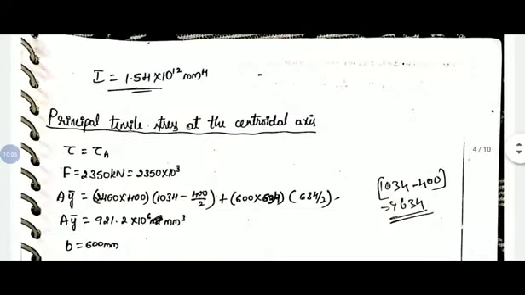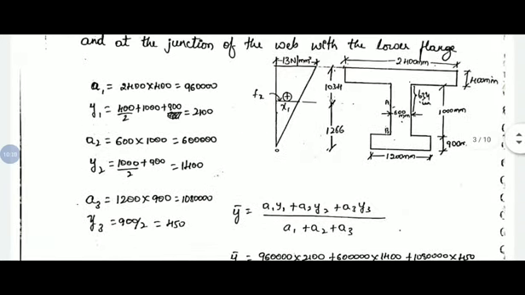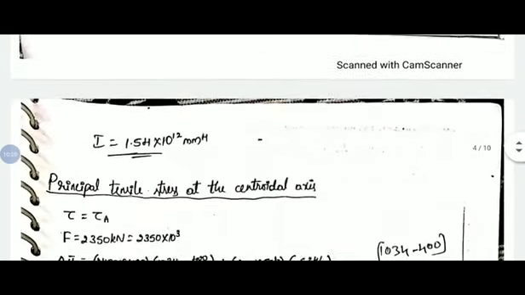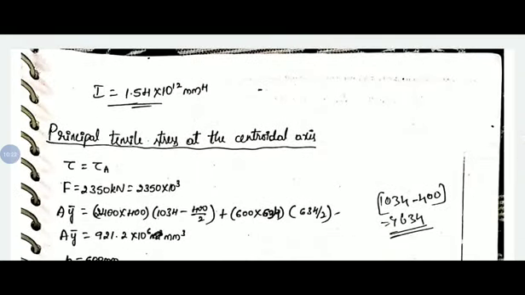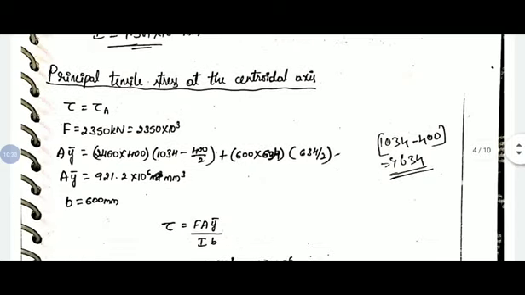Plus the web portion above the centroidal axis: the height of the web above the centroidal axis is 634 mm and the width is 600 mm. That area we have considered here, and for it the centroidal height is d by 2, that is 634 by 2. On simplifying we will get the a y bar value.